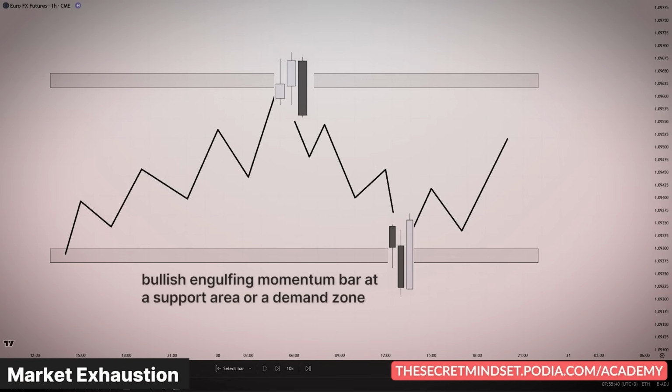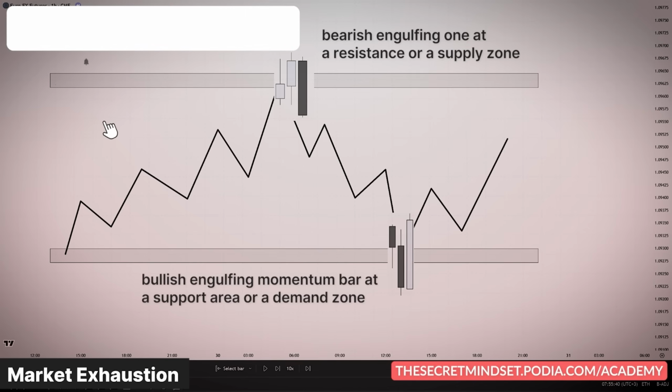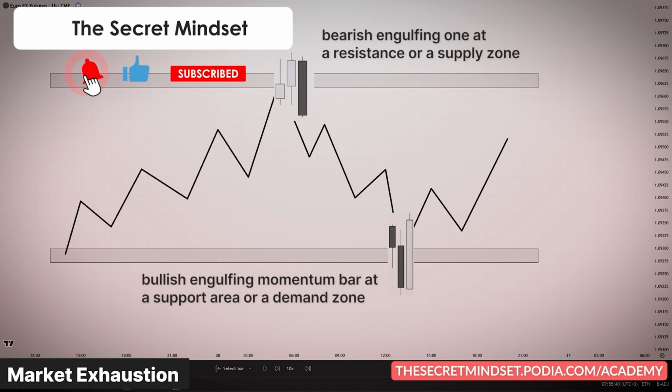For a bullish engulfing momentum bar, this might be at a support area or at a demand zone, where buyers believe the price is attractive enough to start buying in large quantities. For a bearish engulfing one, this could be at a resistance or at a supply zone, where sellers feel the price has peaked and it's a good time to sell.